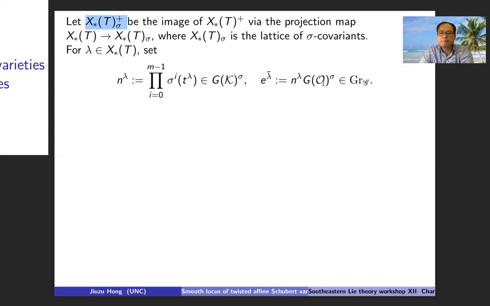So this is a point in the twisted affine Grassmannian, and I will denote it by E to the lambda bar, where lambda bar means the image of lambda in X_*(T) sigma. I can denote the point by E to the lambda bar because this point does not depend on the choice of the coweight lambda here. It only depends on the image lambda bar.